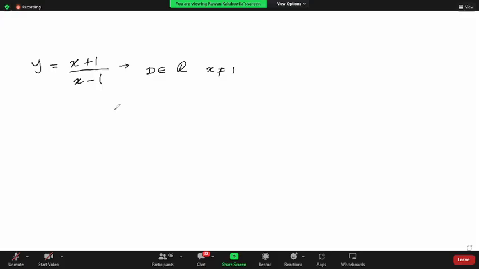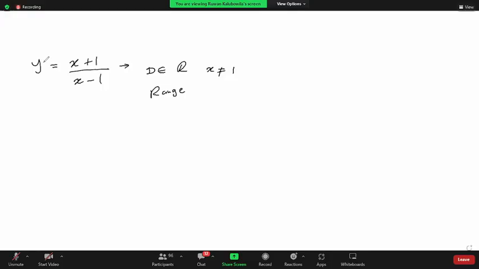Okay. So this is the domain. If someone asks what is the range, you have to give an answer. So how to find the range?